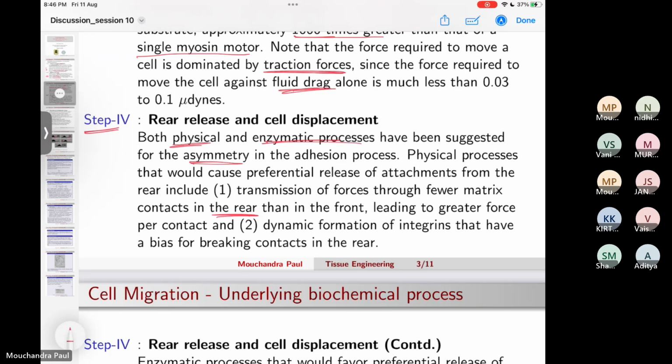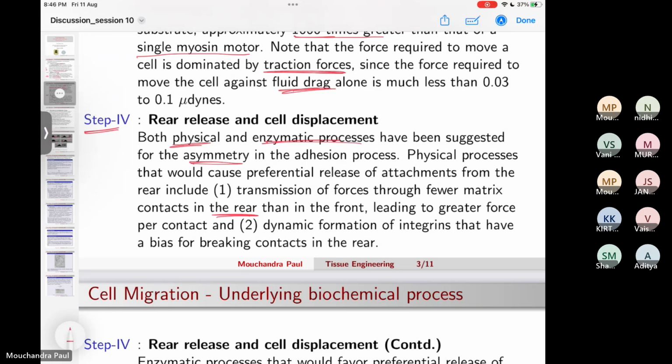This contraction force gets distributed among a small number of focal adhesion points, which is why each adhesion point is experiencing a greater force. So that is contributing to release of the rear end of the cell.